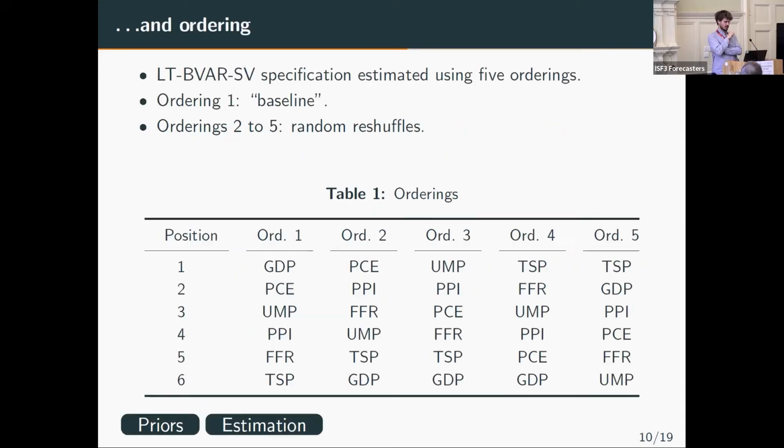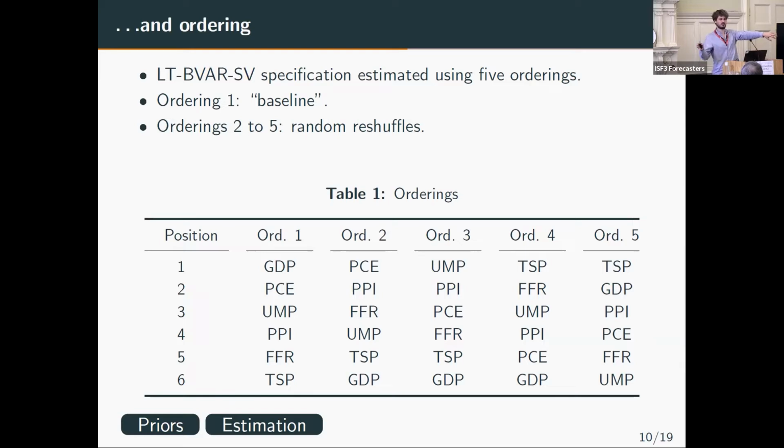Okay, let's look at what orderings we consider. As I said, the orderings will change the results. So we look at 5 different orderings. If you have 6 variables in the model, you have 720 possible orderings. So we specified a baseline ordering, which we thought most people would pick, which is ordering 1: GDP, PCE, unemployment, PPI, FFR, TSP. TSP is the term spread, the difference between 10 years and 2 years. Anyways, it's a term spread.